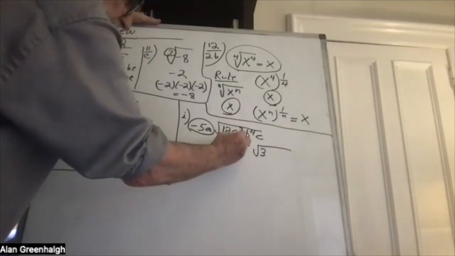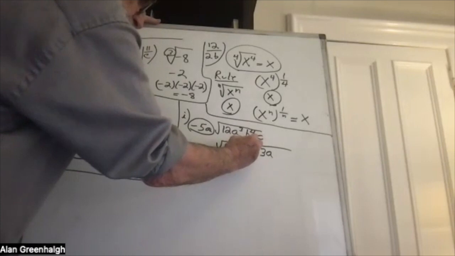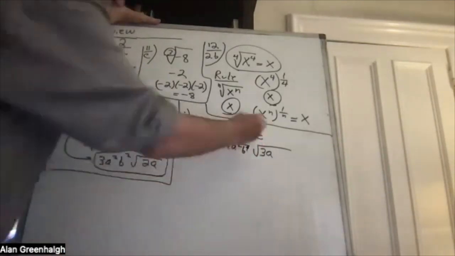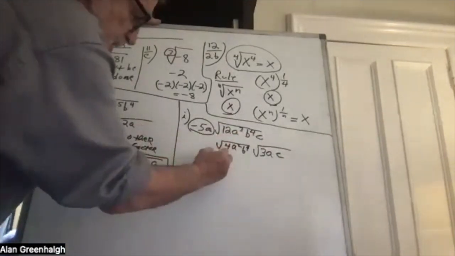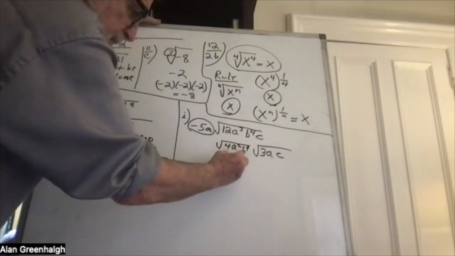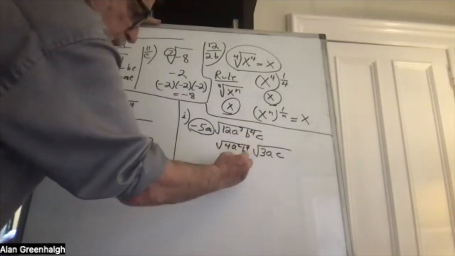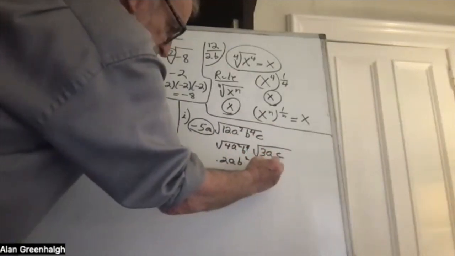A to the second times A, B to the fourth, and C, there's nothing you can do with that. And then this becomes the square root of 4 is 2, the square root of A squared is A, the square root of B to the fourth is B to the second, times the square root of 3AC.